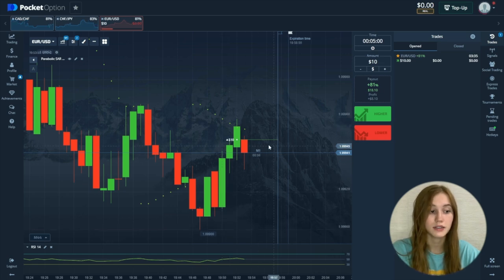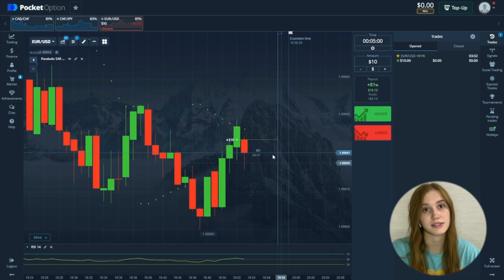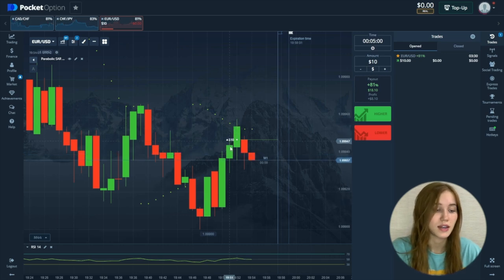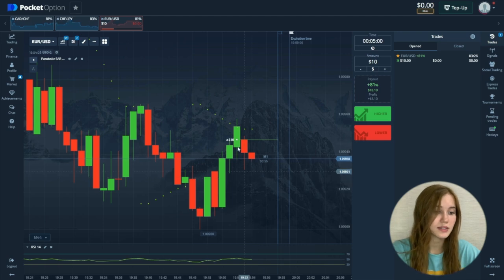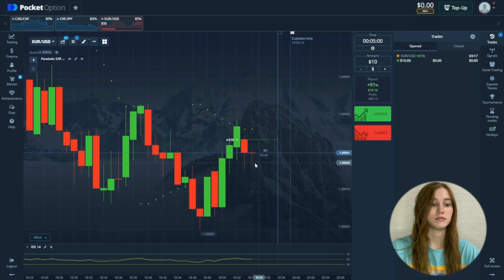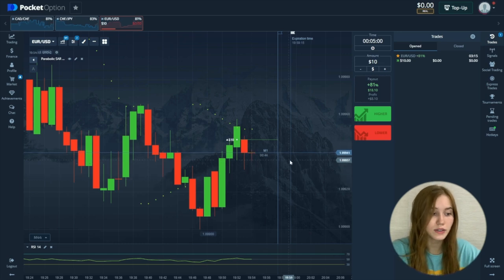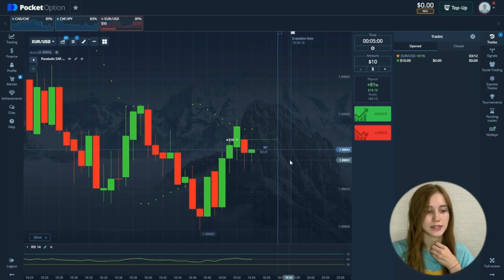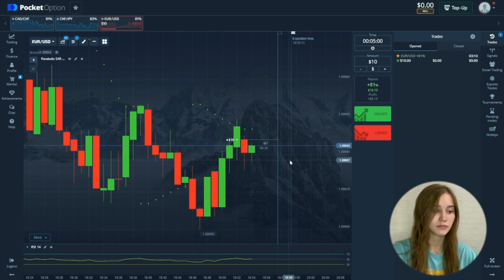If you know the explanation for the situation, write in the comments, because I'm faced with this for the first time. And let's see what will happen, because the second and the third candle are formed down, or rather the second one has already formed and the third one has not yet been determined. Let's see.